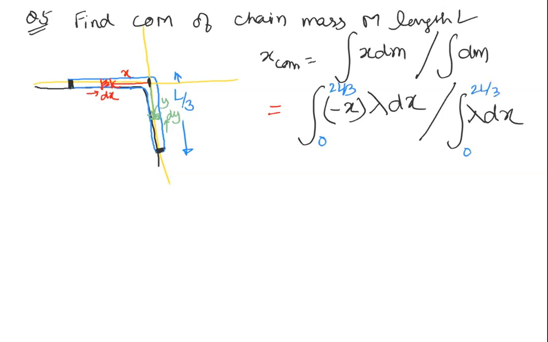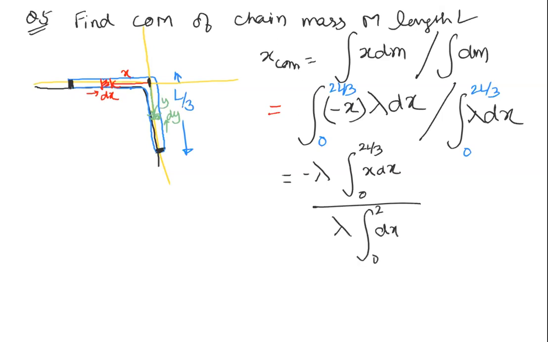Now, if you look at the integration, then lambda comes out of the integration, plays no role, gets cancelled out. So I'll just take out minus lambda from here, x dx 0 to 2l by 3 divided by lambda integral dx 0 to 2l by 3, and this will become x square by 2 divided by x.